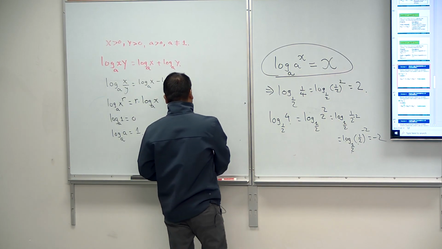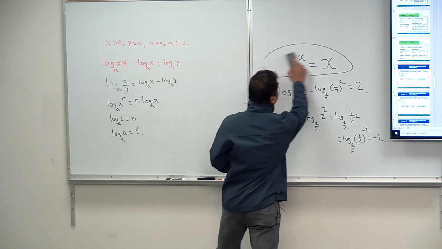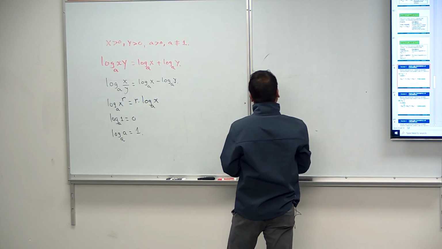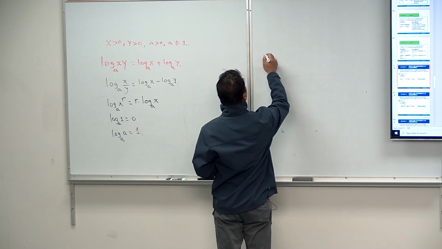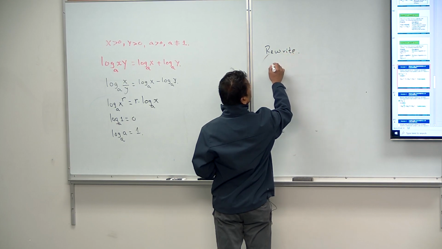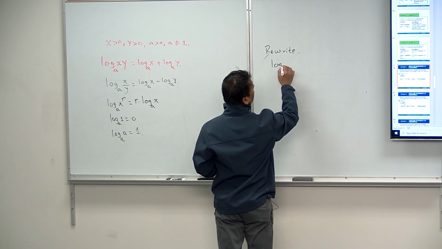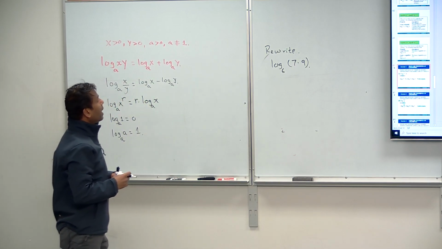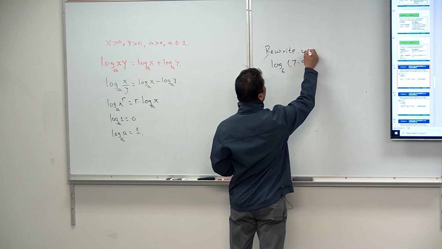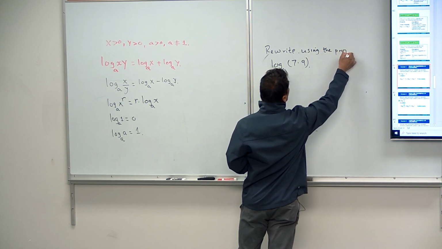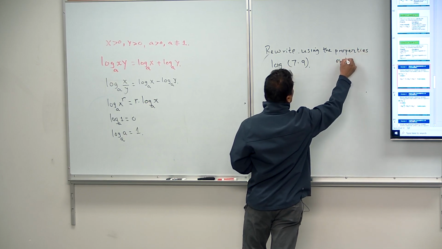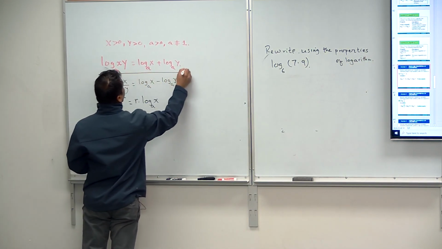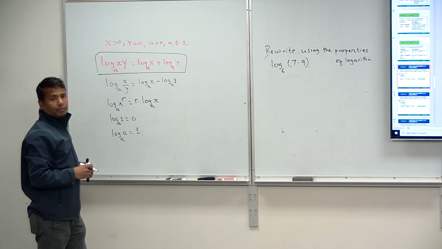Now, if you want to rewrite logarithm with base 6 of 7 times 9 using the properties of logarithm, remember, use the product property.